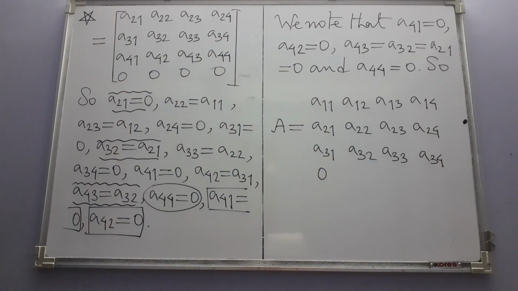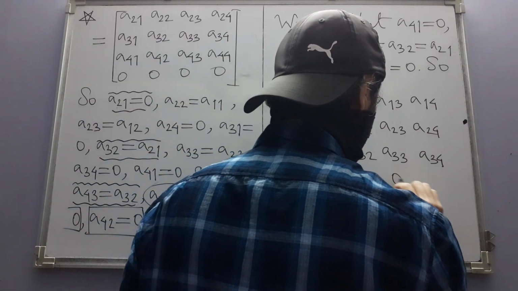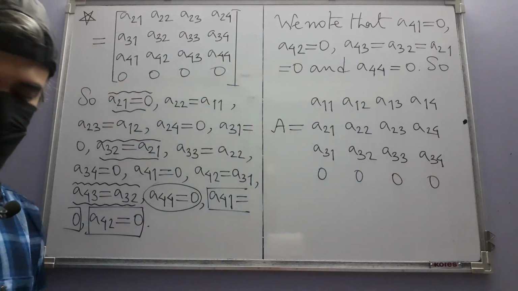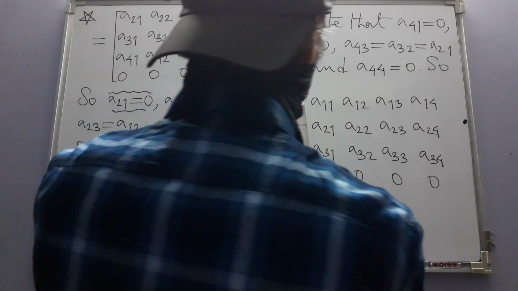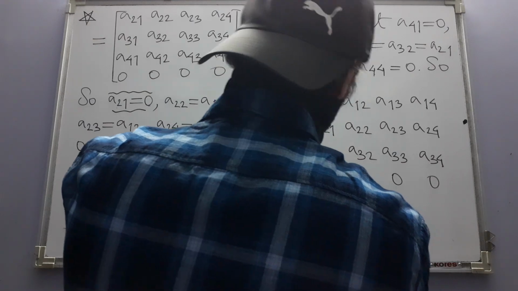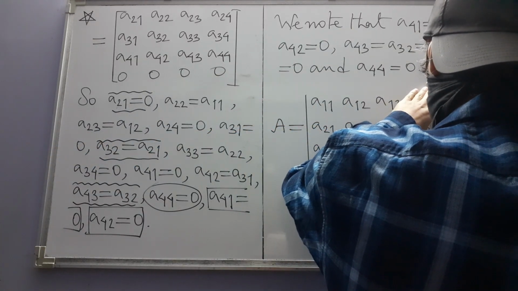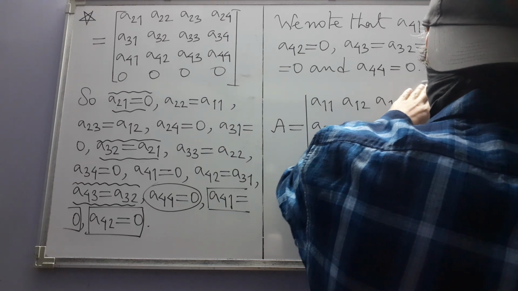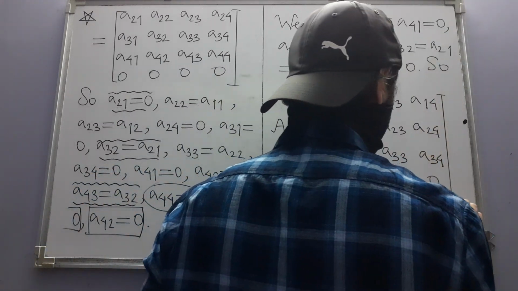All the entries in the fourth row are 0. And that is a problem. Why? Because you know that when all the entries in any row are equal to 0, that matrix cannot be invertible.